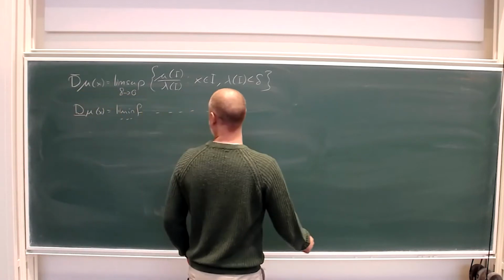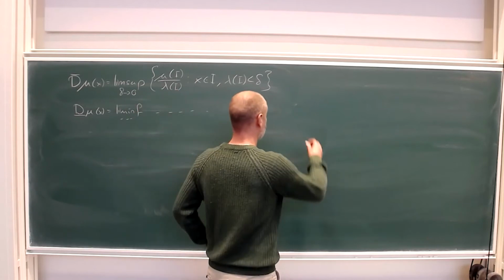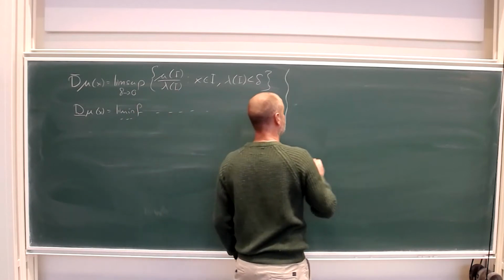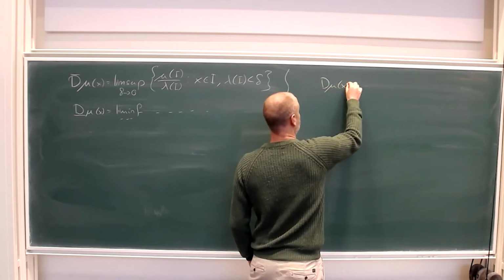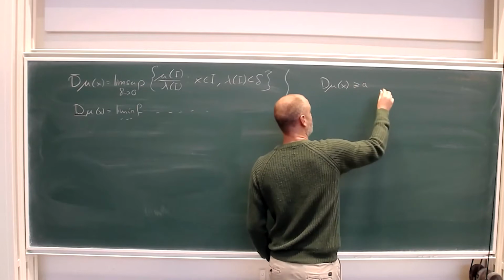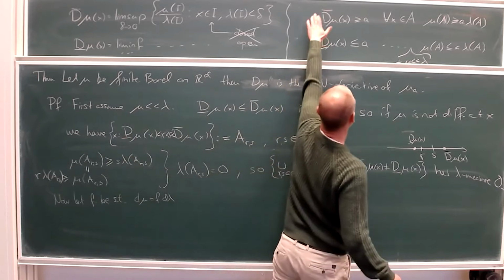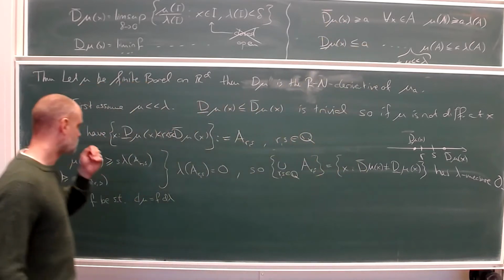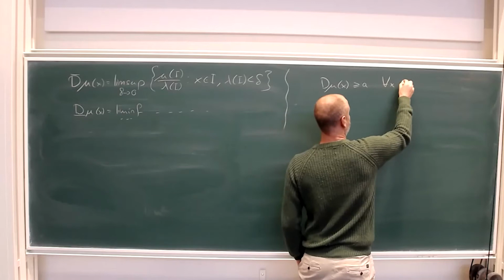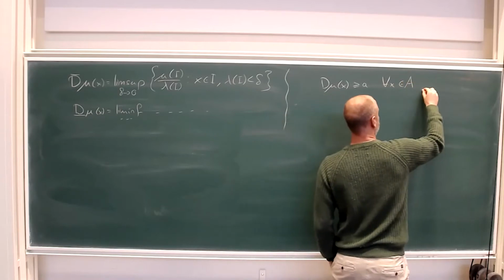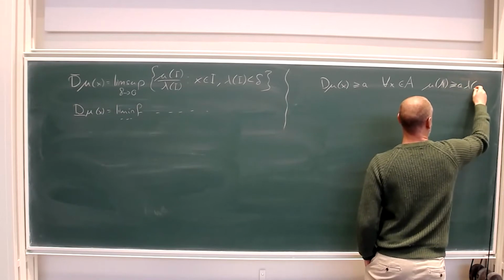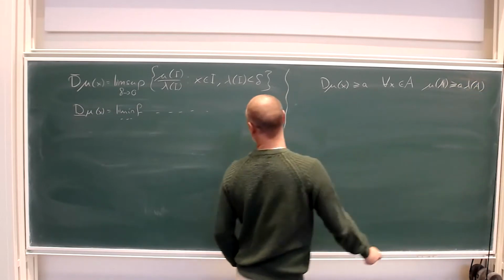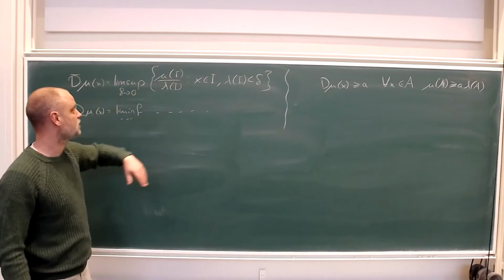And where were we? We had with great difficulty established that if the upper derivative of mu at x was bigger than or equal to some a, turns out I forgot to put a bar on this guy, I hope you didn't notice, for all x in some set big A, then mu of A was in fact bigger than or equal to a times lambda of A, which seems like a completely natural thing if you look at this definition, yeah?